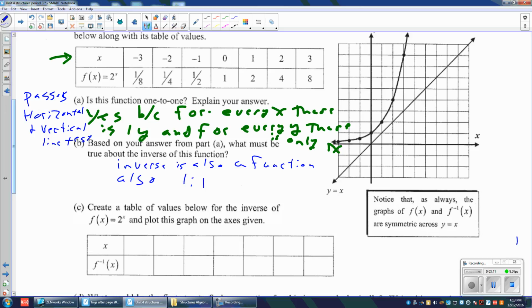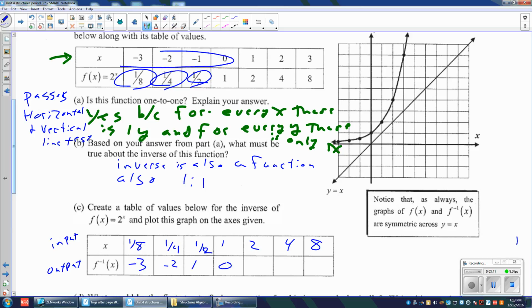So on top is going to be 1/8, 1/4, 1/2, 1, 2, 4, and 8. For the y values, -3, -2, -1, 0, 1, 2, and 3. I'm just taking these and bringing them to the output line.